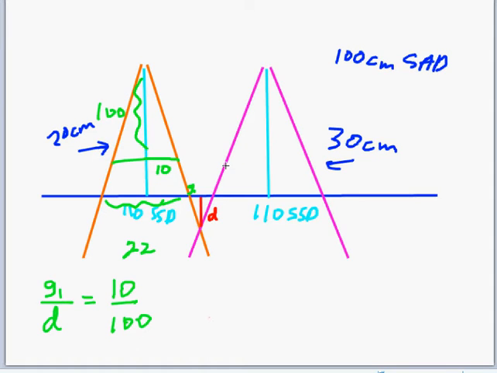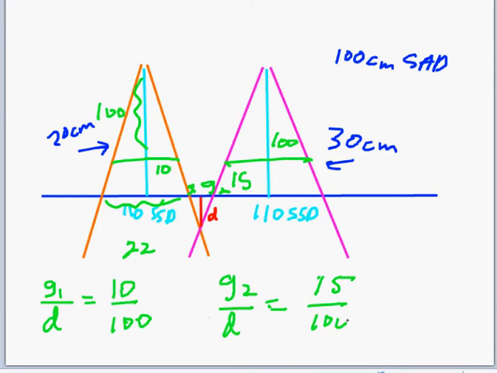Similarly over here, let's just write this. If this is 30 defined at isocenter, that's 15 up here, this is 100, and we'd have this G2, which is right here, so G2 over the depth is equal to 15 over 100.